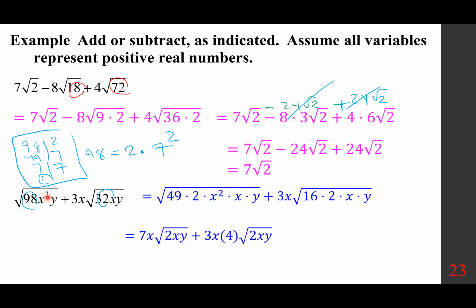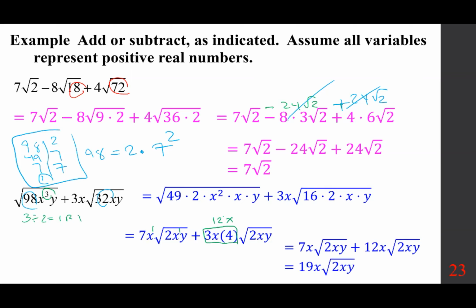And remember what I told you. Here's the way I would approach that. I'm going to divide number 3 by the index, which is 2, and I get 1 with the remainder 1. So 1 comes out, 1 sits in. Okay. And so these two give us 12x square root of 2x.